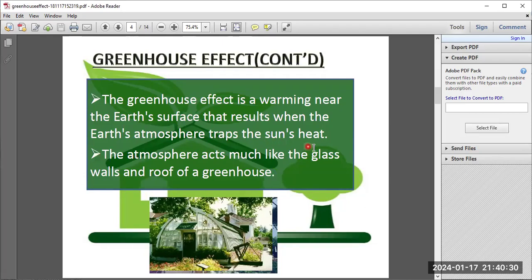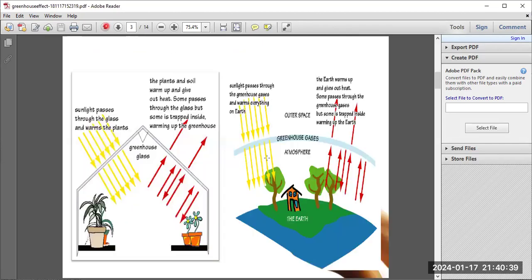The atmosphere acts much like the glass wall and roof of a greenhouse structure. This atmosphere, or this greenhouse gas shield, also acts like the glass or material used in the greenhouse structure.